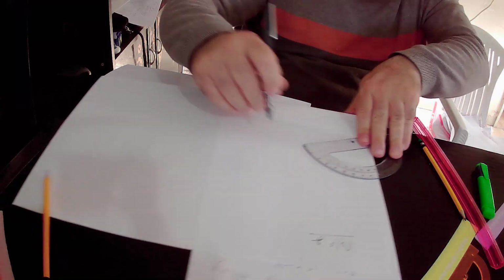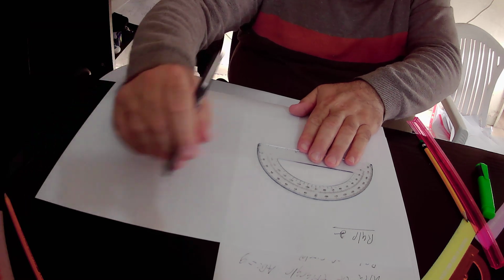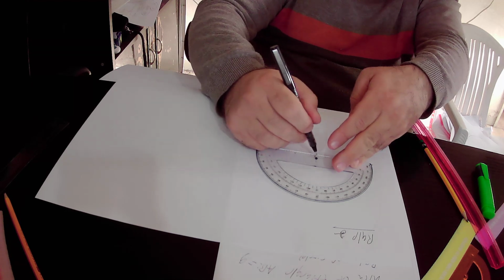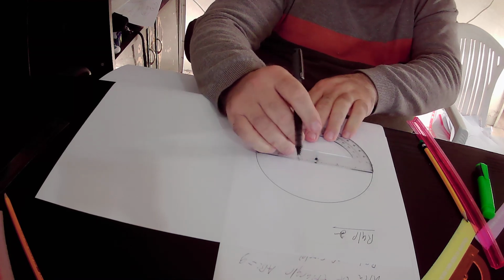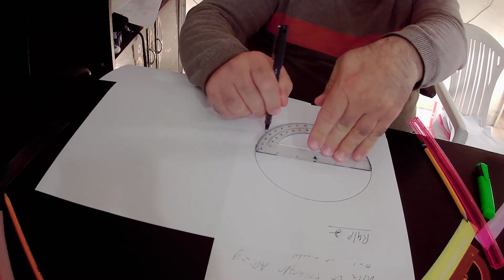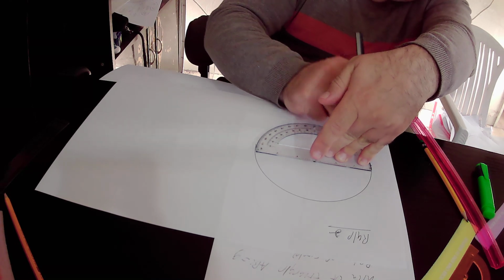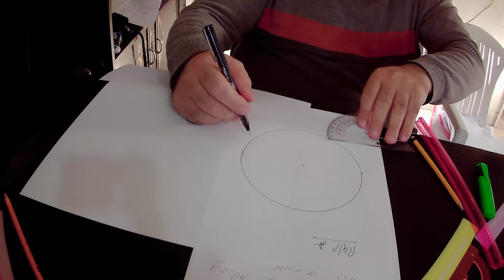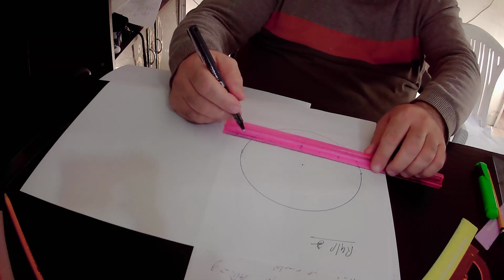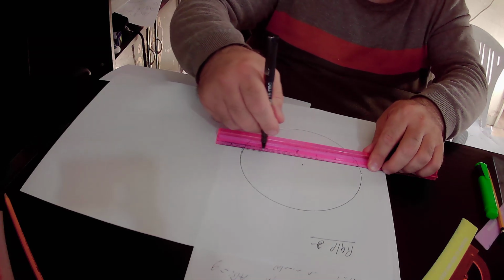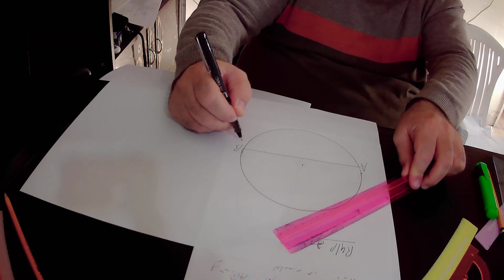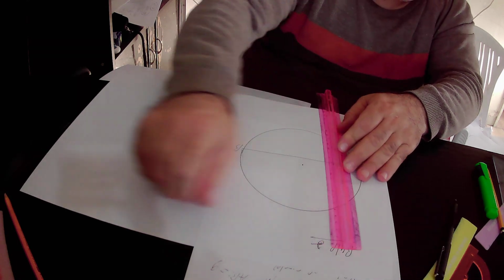So we have a circle and inside this circle we have chord AB. This is chord AB that intersects with chord CD.